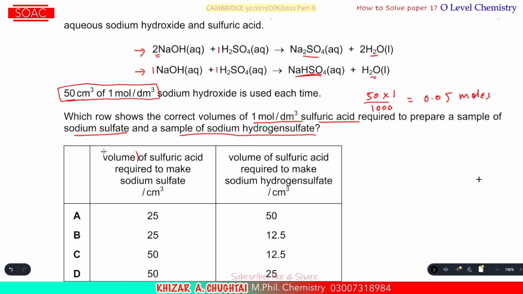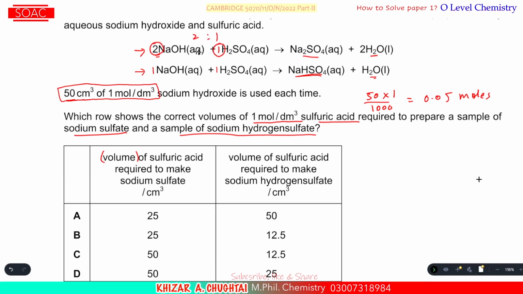Now the volume of sulfuric acid required is different for these 2 reactions. In the first case, in the case of sodium sulfate, 2 moles of sodium hydroxide are required with 1 mole of sulfuric acid.